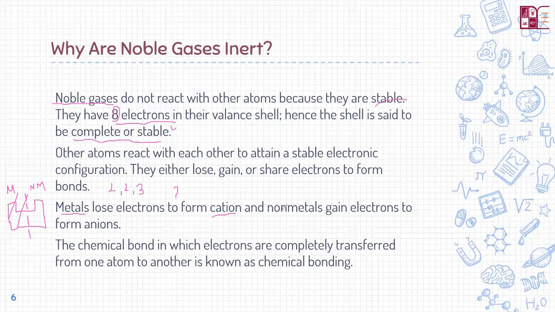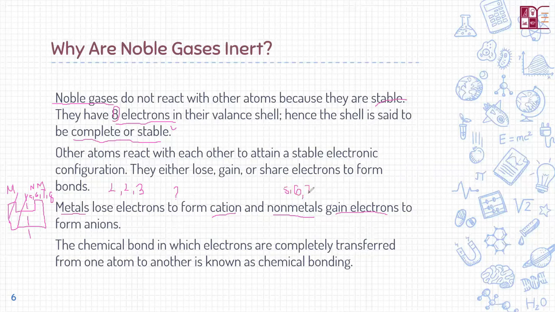Non-metals, which are on the right hand side, usually have 5, 6, 7, and 8 electrons in their outer valence shell. So it's much easier for the non-metals to gain the electrons as compared to losing their 5 or 6 electrons.